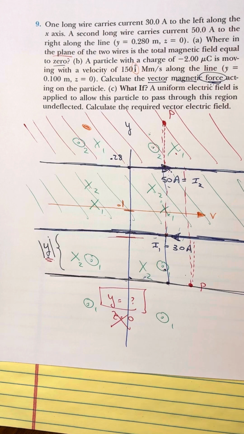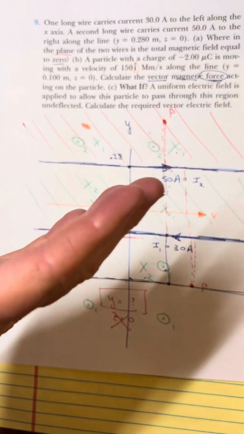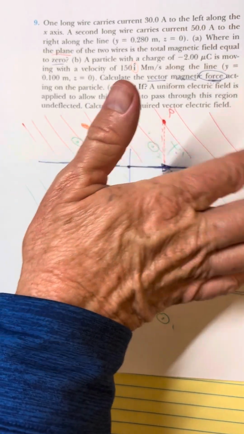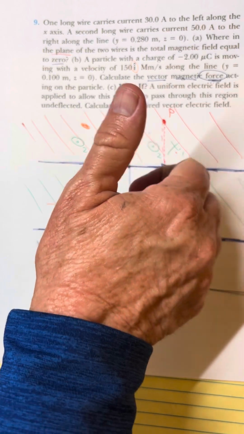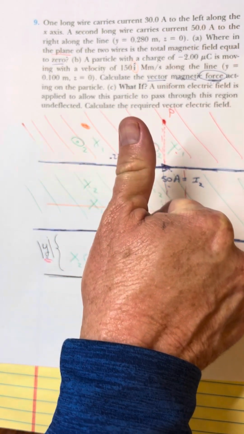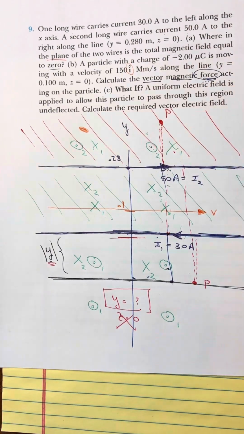So taking my right hand and first putting my fingers in the direction that it is moving, there's V, rotating my wrist so I can close it, I get V cross B, and V cross B then would be up in the y direction.